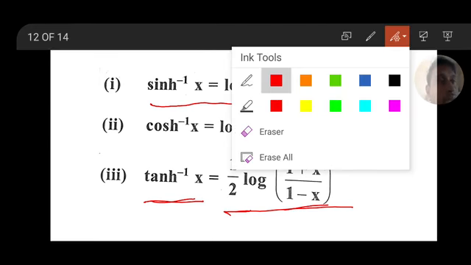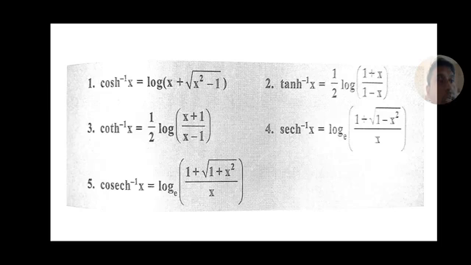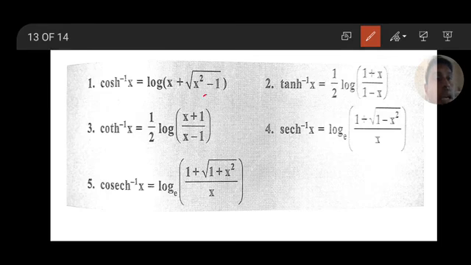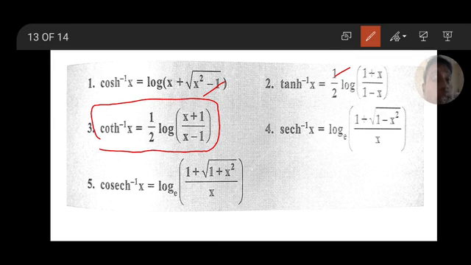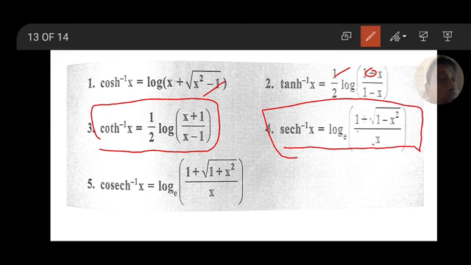Next, the remaining hyperbolic functions formulas. Cosh is over, tanh is over, sinh is also over. Next, coth inverse x equals 1 by 2 log of x plus 1 by x minus 1. For tanh, numerator is plus and denominator is minus. Here coth is reversed, x plus 1 by x minus 1. And sech inverse x equals log of 1 plus square root of 1 minus x square by x.